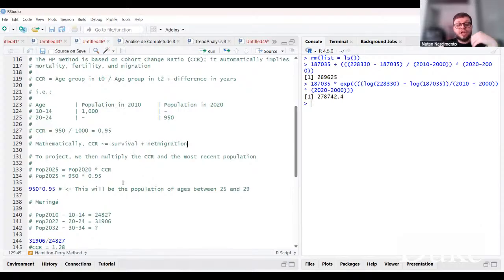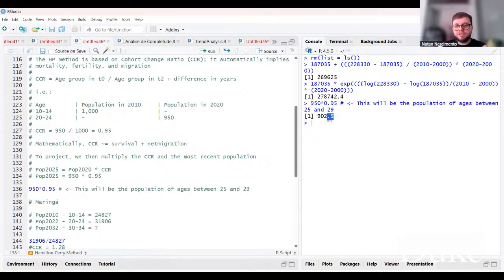And then to project, we multiply the cohort change ratio by the most recent population. So the population in 2025 will be the population in 2020 multiplied by the CCR. That means 950 multiplied by 0.95. This will give us approximately 902.